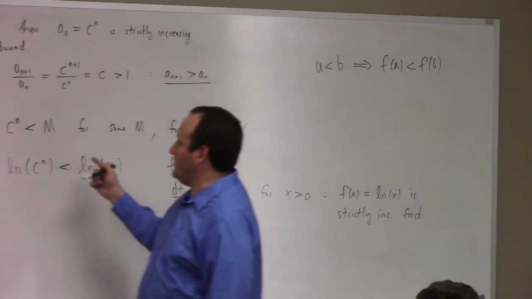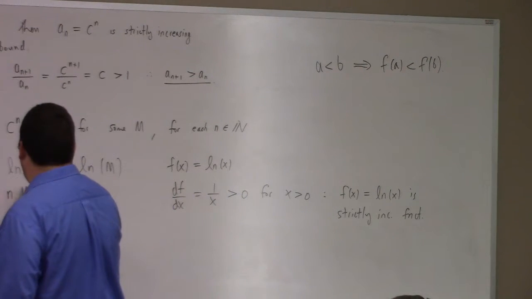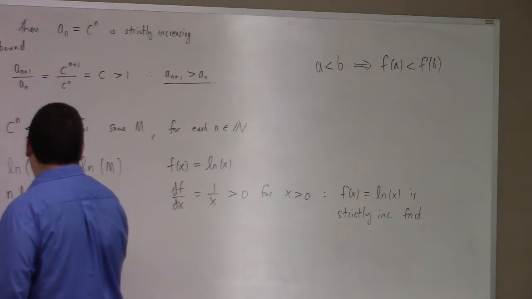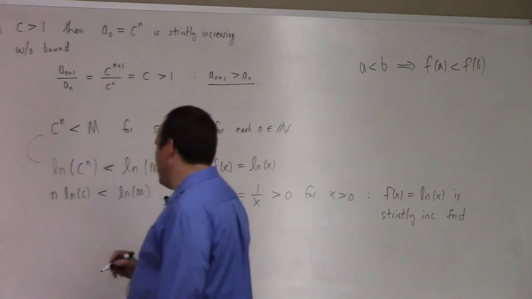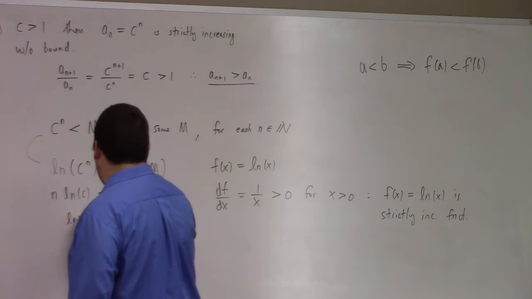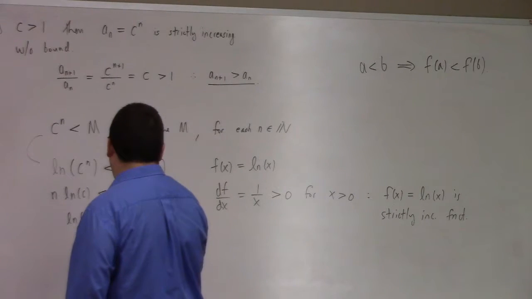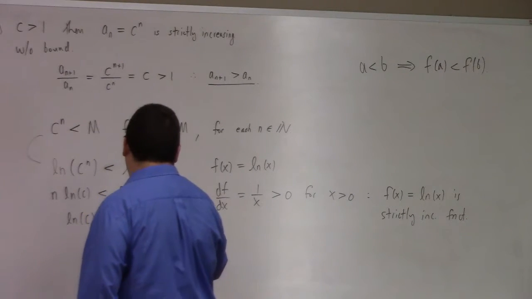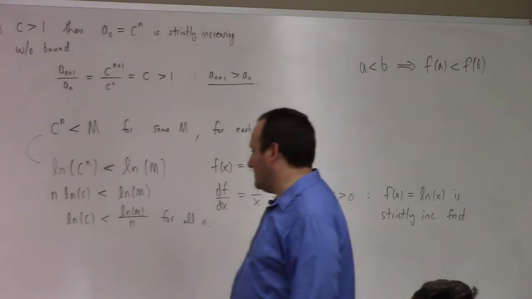And so their idea was to take the log of this inequality. I think that's hopeful. This gives me n times the log of c is less than the log of m, right? Which gives me that the natural log of c is less than the natural log of m over n for all n, which is absurd.